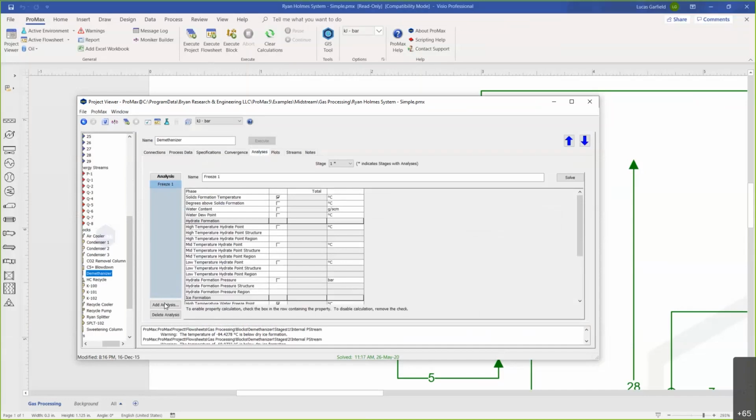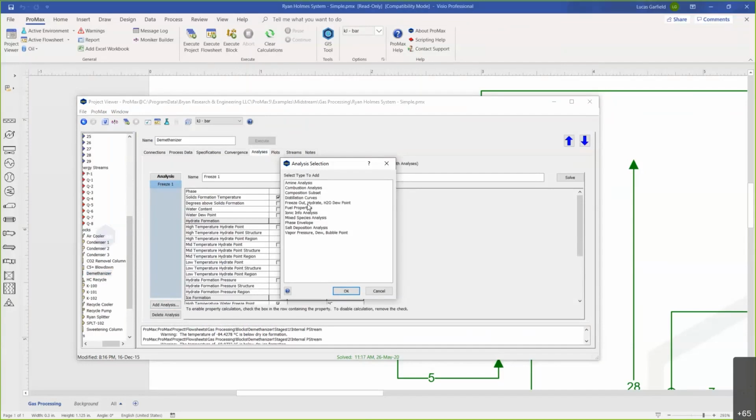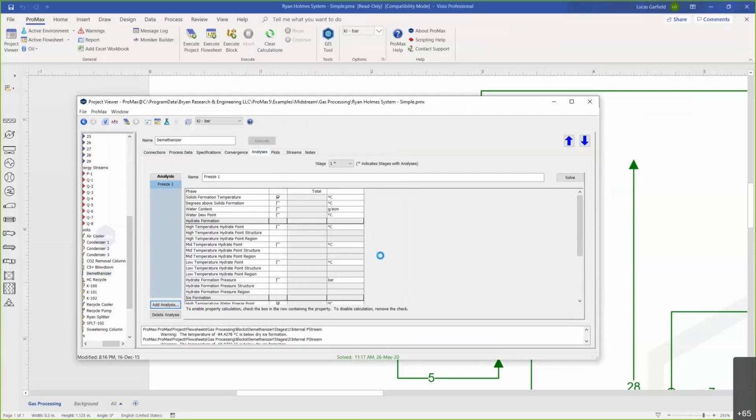I've created this just by clicking add analysis and choosing freeze out hydrate water dew point. You can see there are other analyses available for you to create on stages and columns as well. It's been created on stage 1, but I can create analyses on any stage that I want. And if I click solve, what I see is that the solids formation temperature is actually negative 73.6 degrees Celsius.